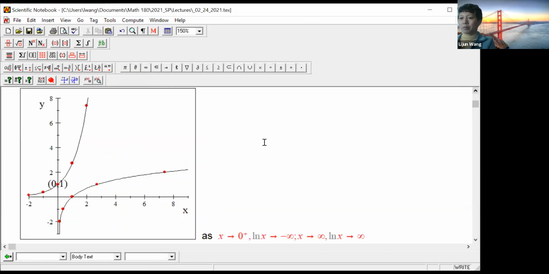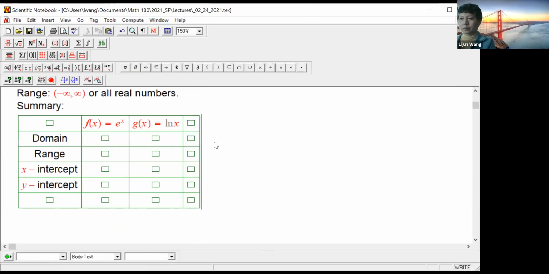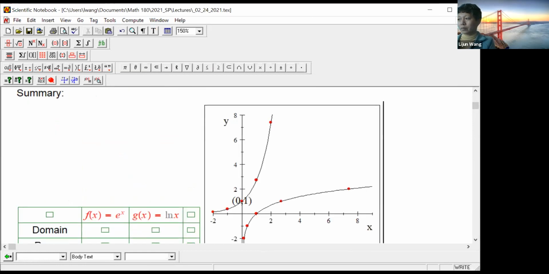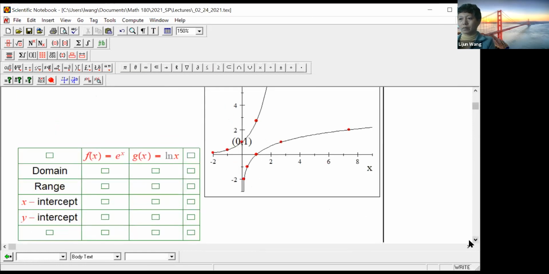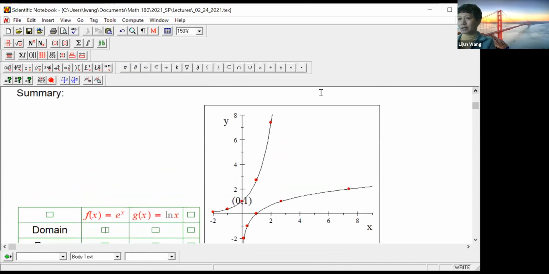Okay, and we're going to bring the picture with us. The domain for e to the power x, what is it?